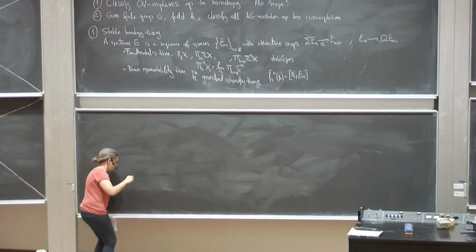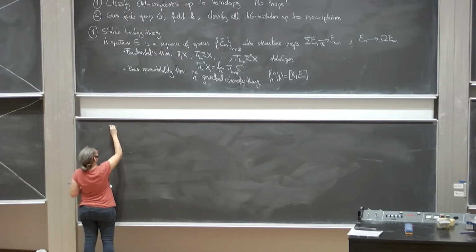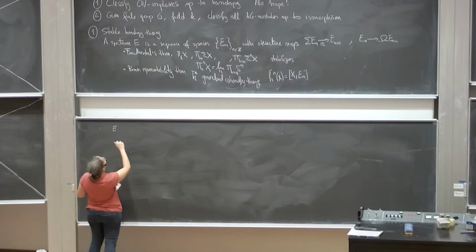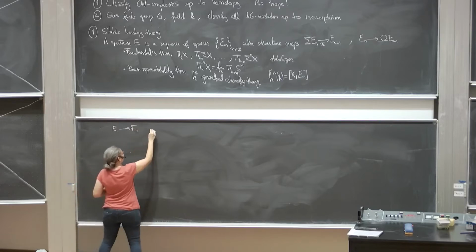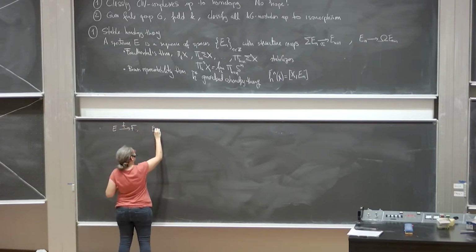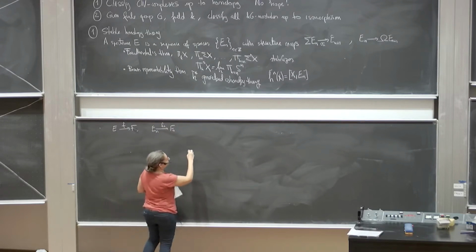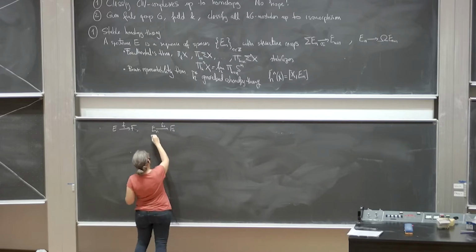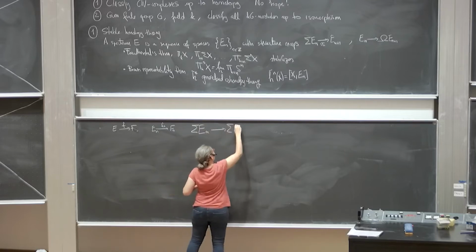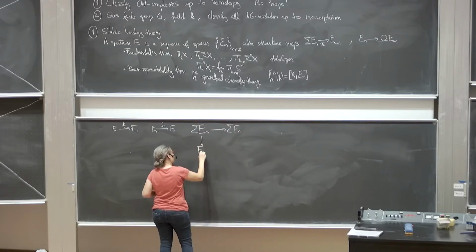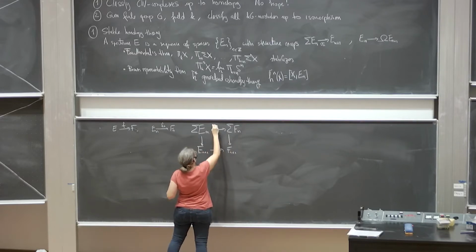So if you have a spectrum E and a morphism to a spectrum F, it will be just a collection of fn's such that when you take the suspension, these diagrams commute.